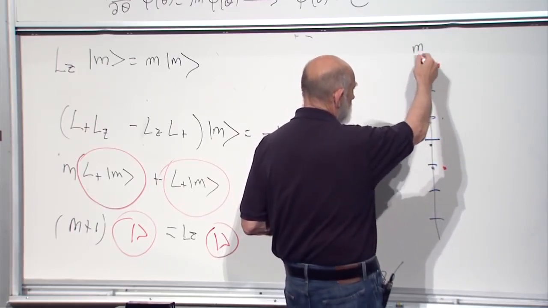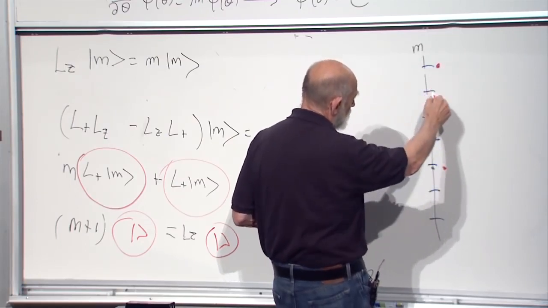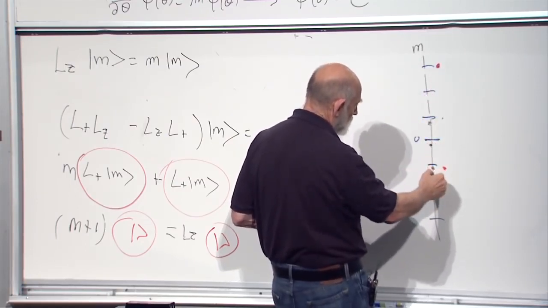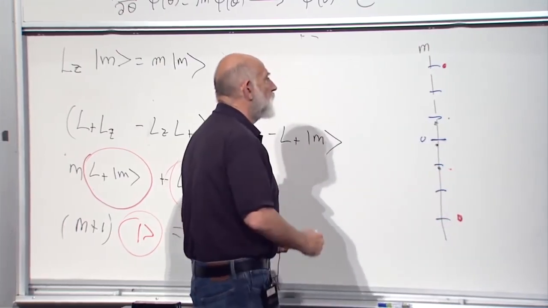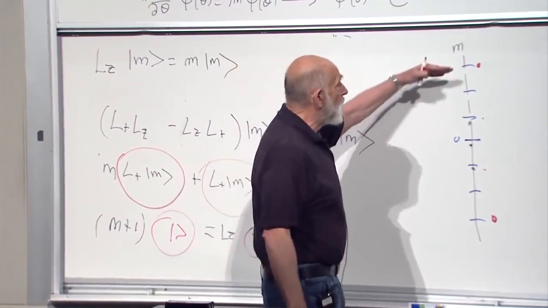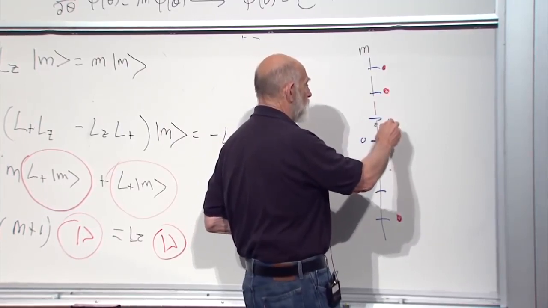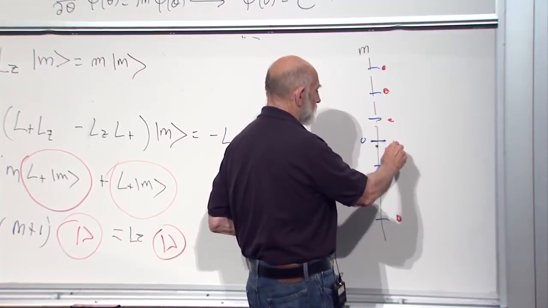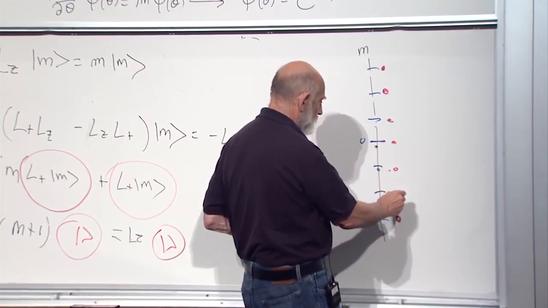Let's call this the integer m, and 0, 1, 2, 3, and 1, 2, 3 down here. Symmetrically placed about the origin and separated by integers. That would be one possible spectrum.